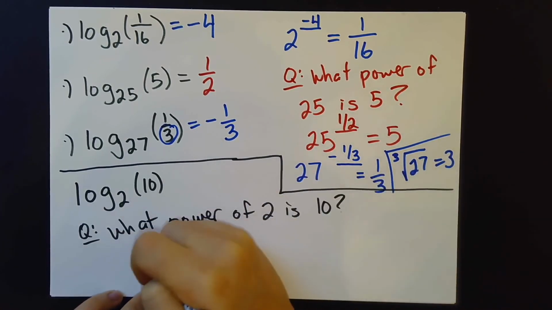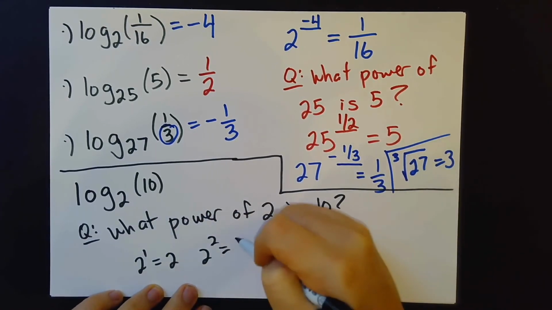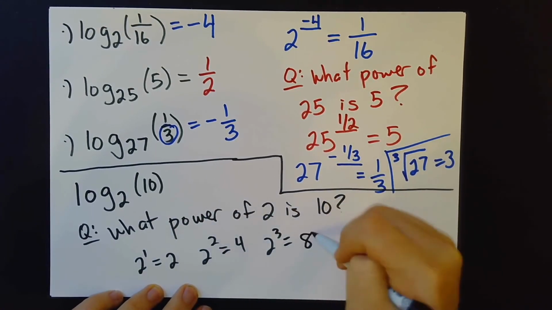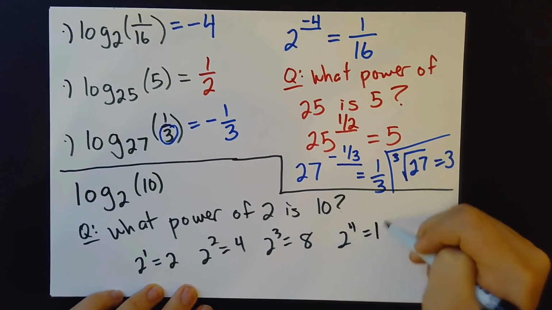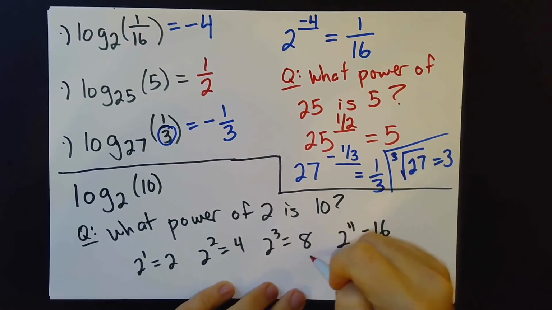And so I could write down 2 to the first is 2, 2 squared is 4, 2 cubed is 8, 2 to the fourth is 16. And actually, what you notice is we just jumped straight over 10, right?